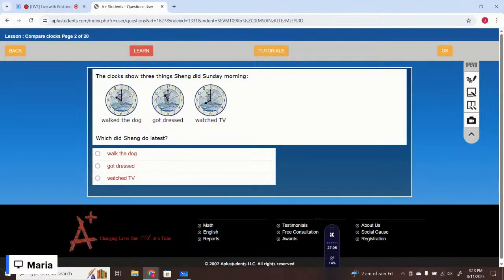The clock shows three things Sheng did Sunday morning. Which did Sheng do latest? Walked the dog at 10, got dressed at 11, and watched TV at 8. What did Sheng do latest?